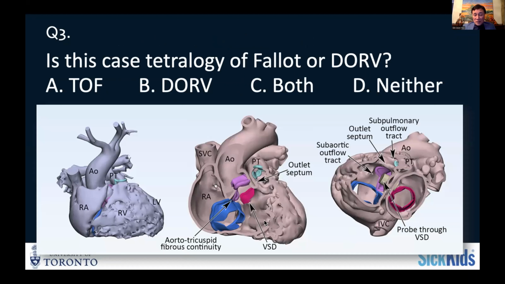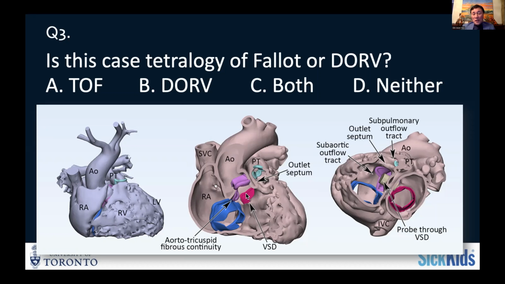This is tetralogy of Fallot with severe subpulmonary stenosis and 80% overriding. Of course, by the outflow tract morphology, it is tetralogy of Fallot. From the perspective of ventricular arterial connection, it is definitely double outlet right ventricle. So we are looking at one heart from different perspectives, outlet pathology versus connection issues.